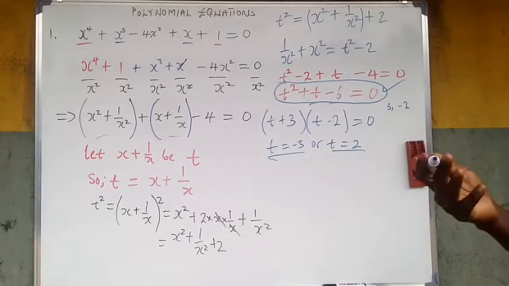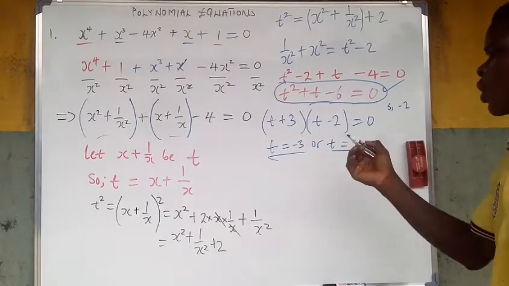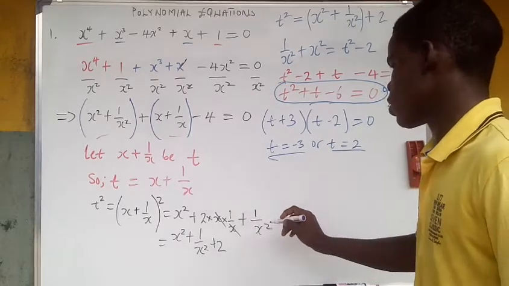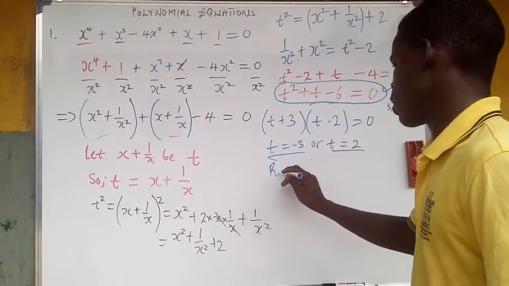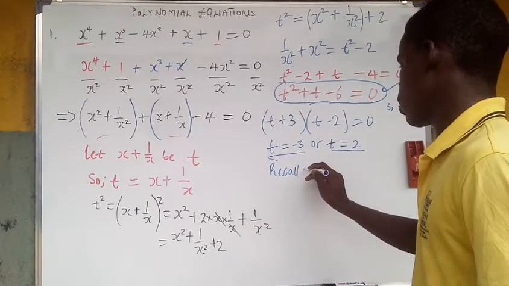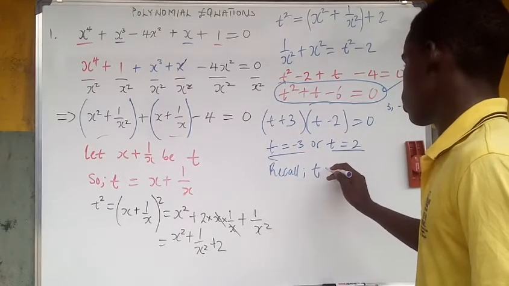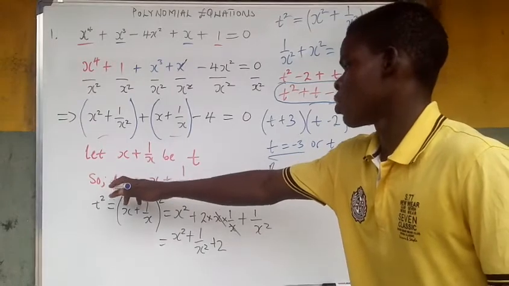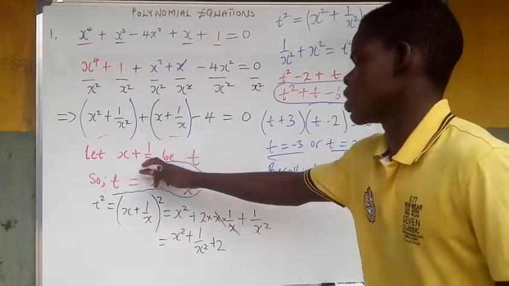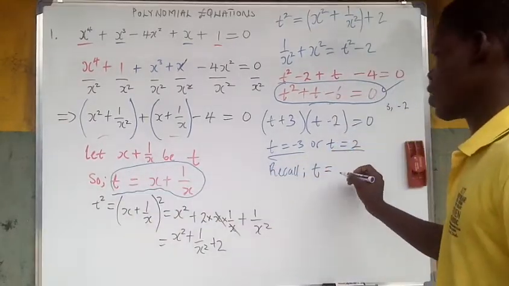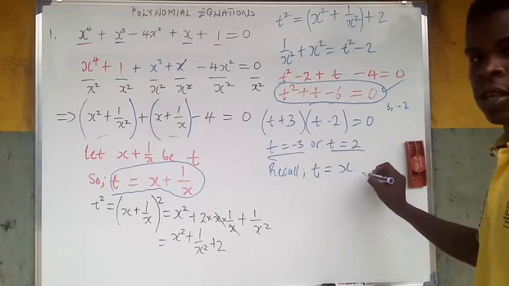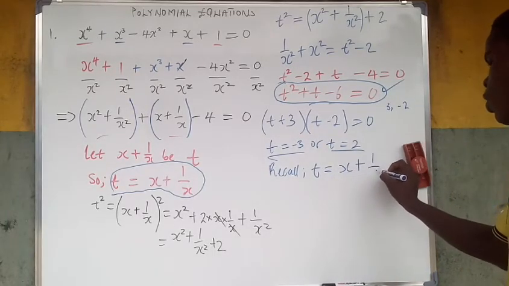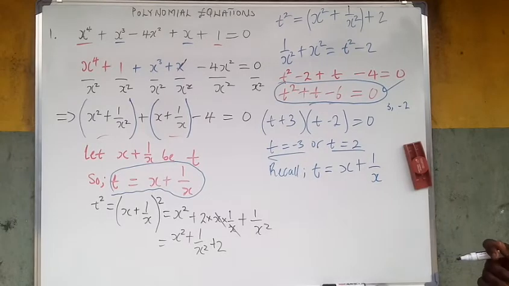Alright, we are not yet through. You can recall that t was equal to what? t was x plus 1 over x.